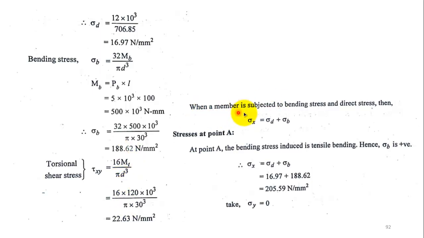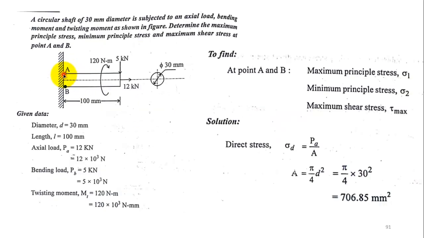Next, you have to calculate the stresses at A and B. If you see the stress at A in this slide, at A there is tension. Due to tension caused by this bending load, you have to add this sigma B, the bending stress.